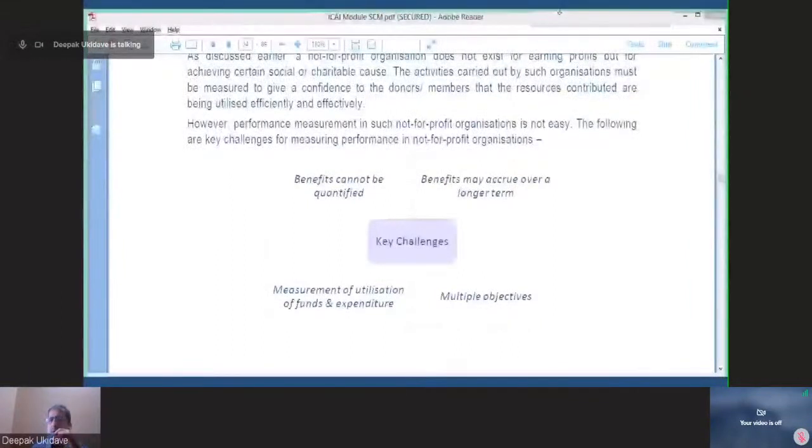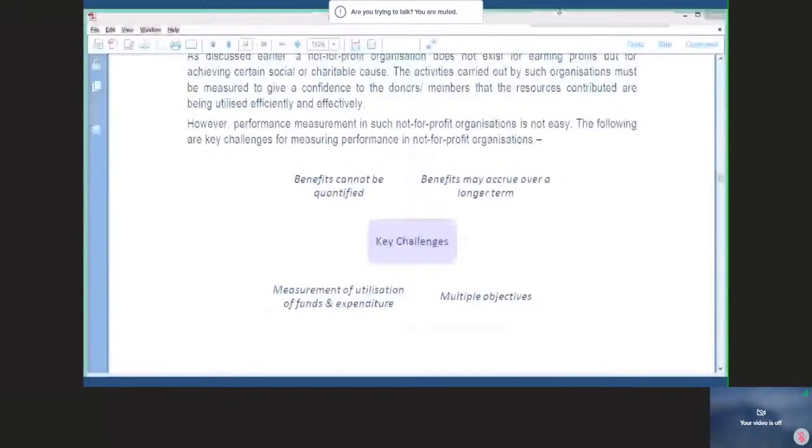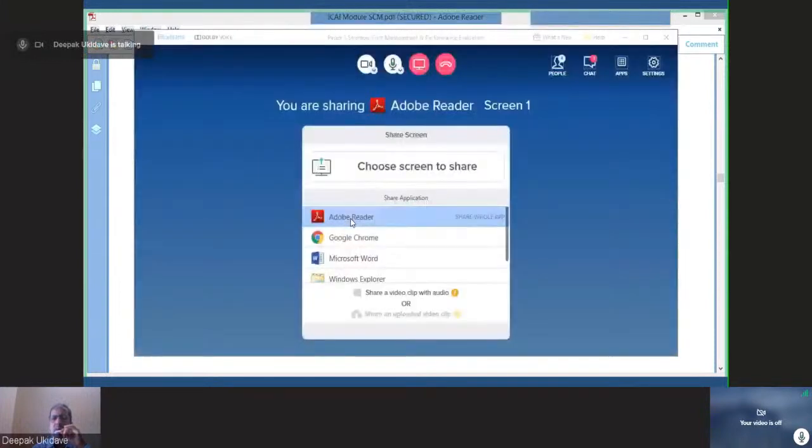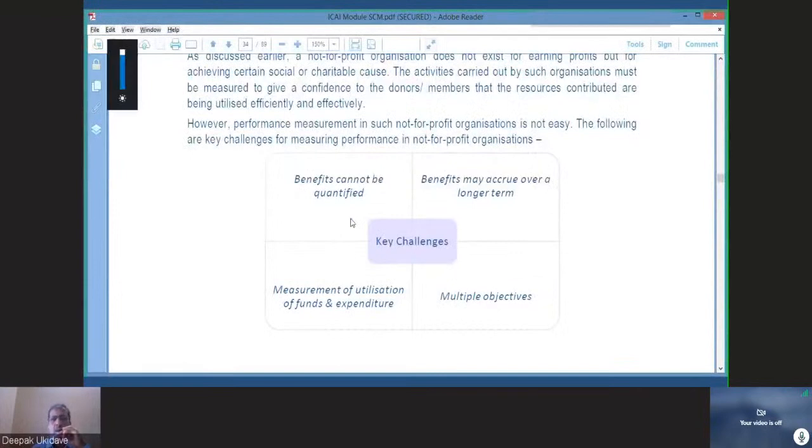Shall I switch over to... Hello, am I audible? Okay. Which screen? Configure screen. Yeah, this one, no? Share the screen. Yes, I'm sharing the screen. Is it visible now? Okay, now it is visible.